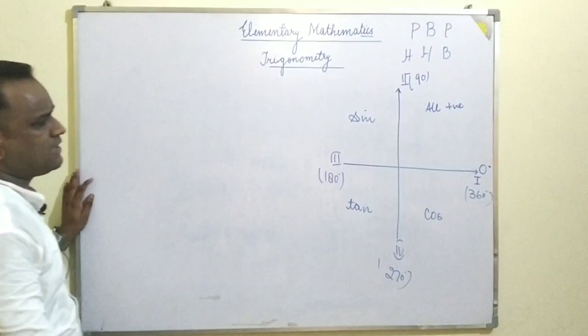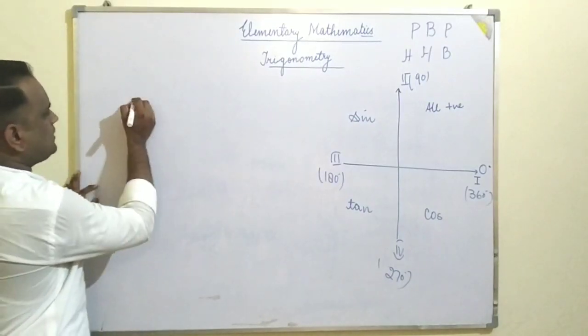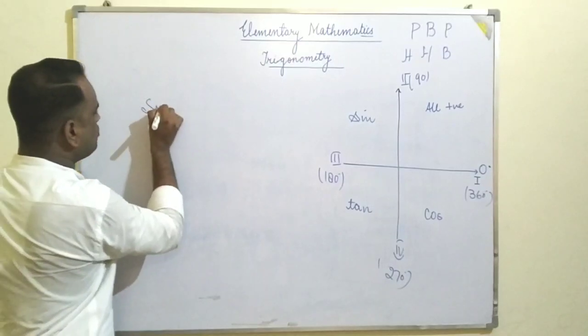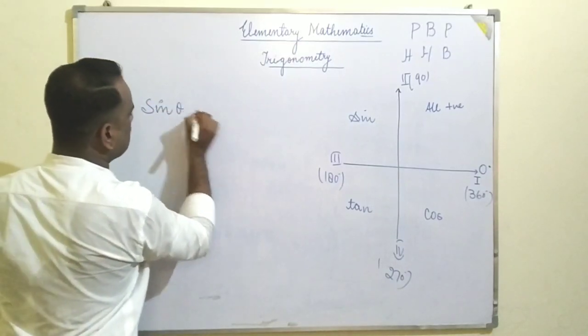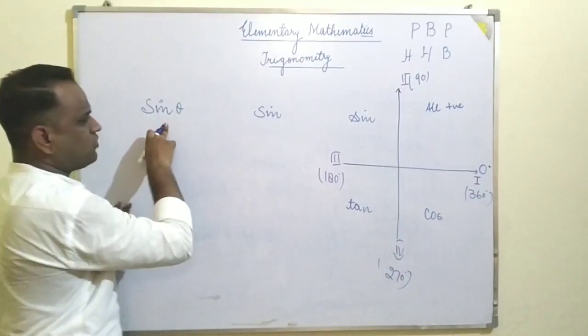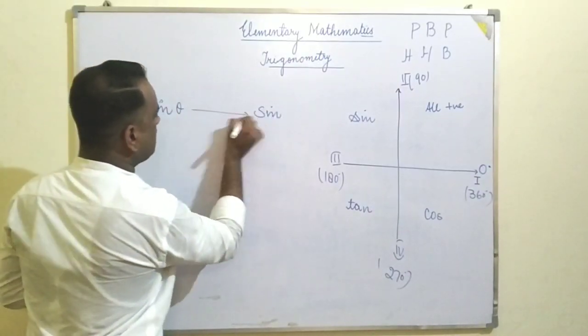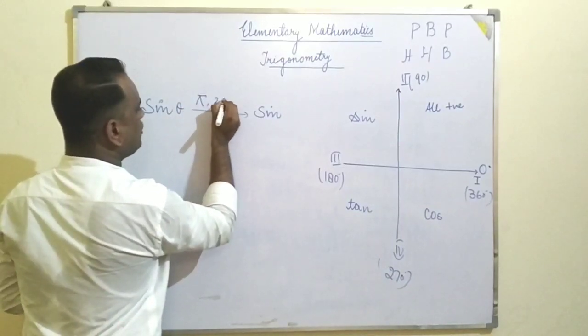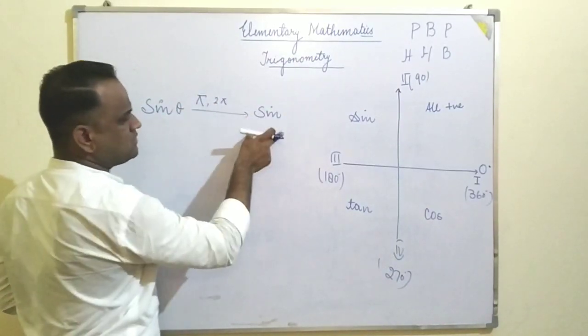So students, what we can write is, if you are having the transformation from sine theta to sine theta, if the transition is from sine to sine and the transition is in pi or 2 pi, meaning 180 degrees or 360 degrees, then sine becomes sine.